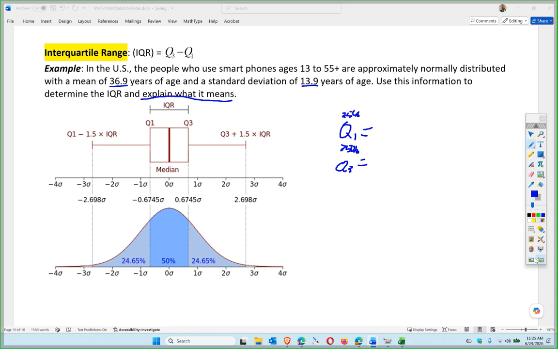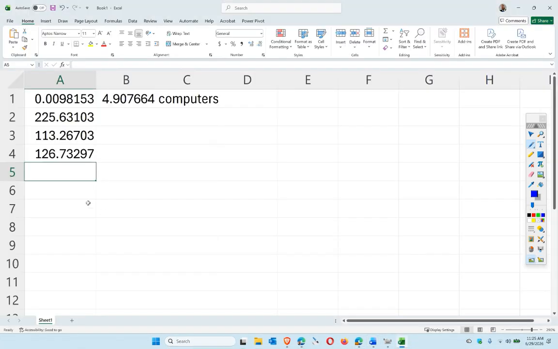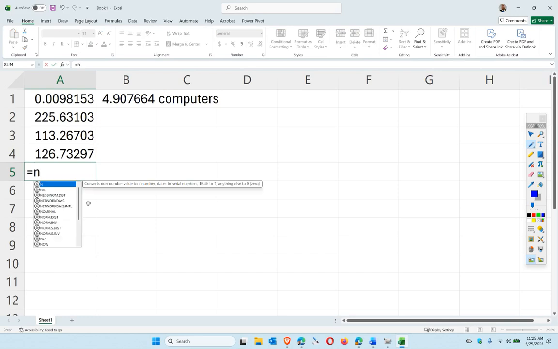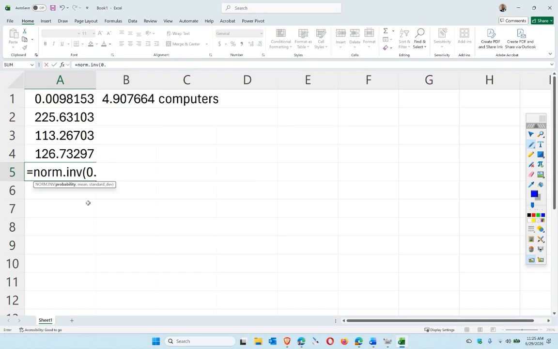Okay, so let's go to our spreadsheet here. So we're going to get NORM.INV. So the 25th, and 36.9 years is the average with 13.9 years, right? Okay. And then we have NORM.INV 75, comma, 36.9, comma, 13.9, right?